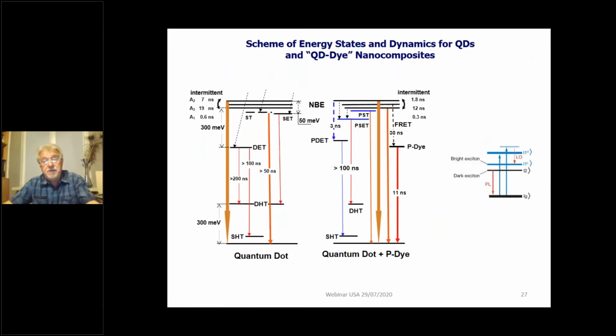So finally, for these quantum dots, we received a very complicated system in comparison with the simple quantum mechanical presentation. It means that in the real case, we should take into account the formation of intra-gap states of various nature, and when we attach an organic molecule like porphyrin to the quantum dot surface, we also observe the formation of additional trap states and additional quenching states.